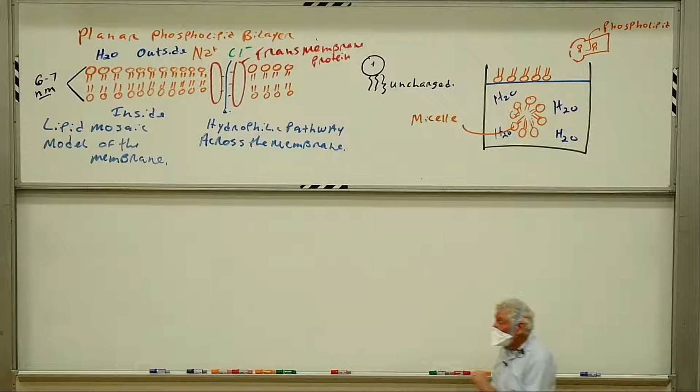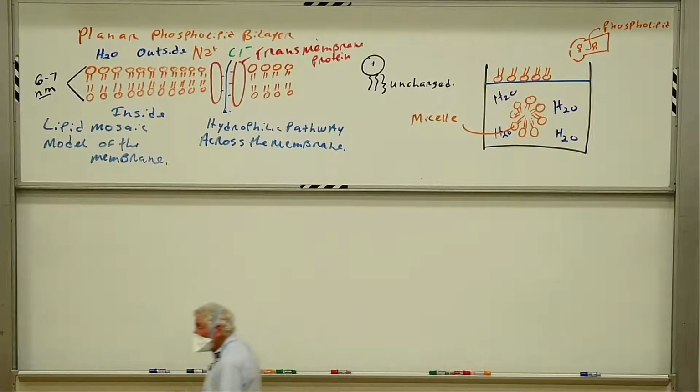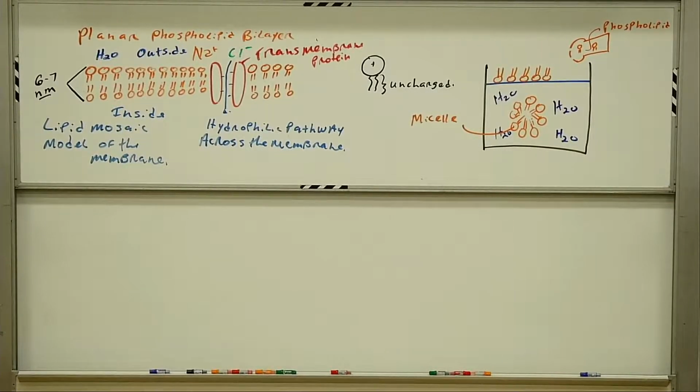Yes? Clarify, basically it's easier for the phospholipids to create a bilayer than to create the micelle since it's unstable. So if you were to put it in water, it would probably make the bilayer first, right? It's an interesting question. How do you make these liposomes? And I don't know how they do it.